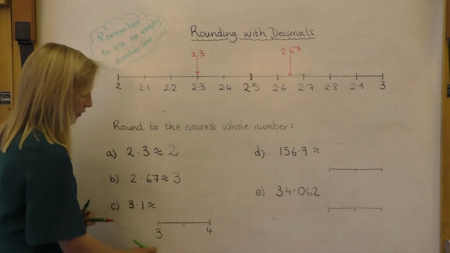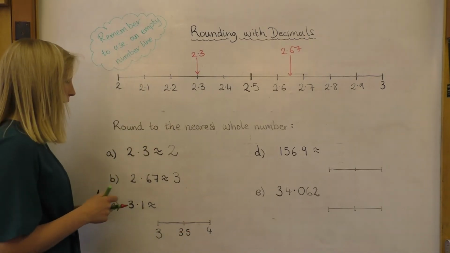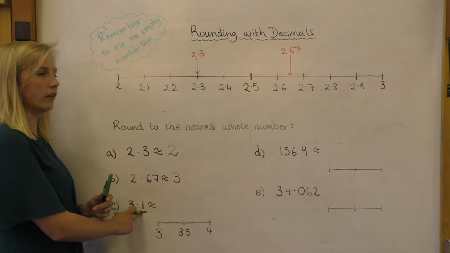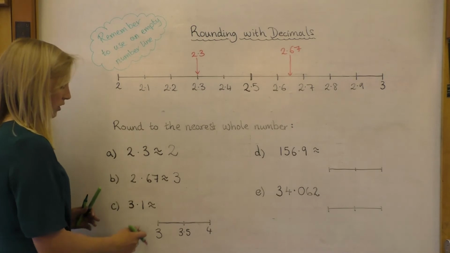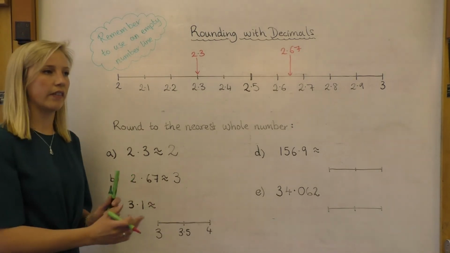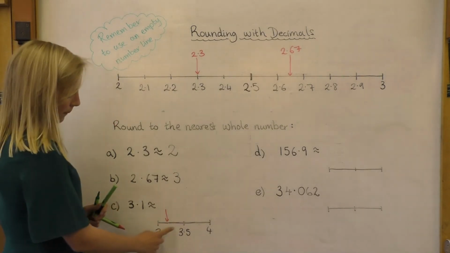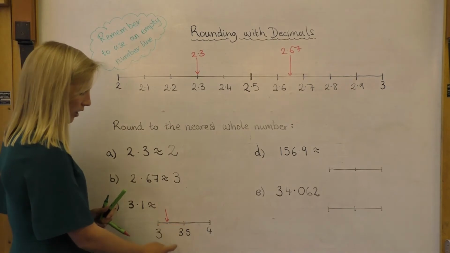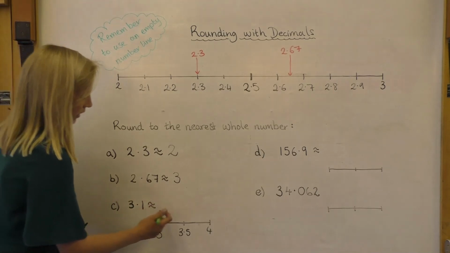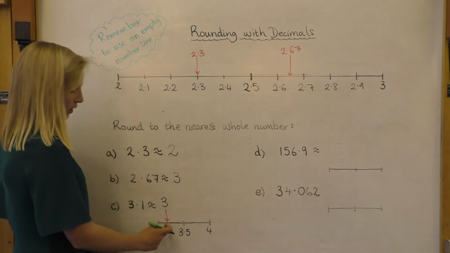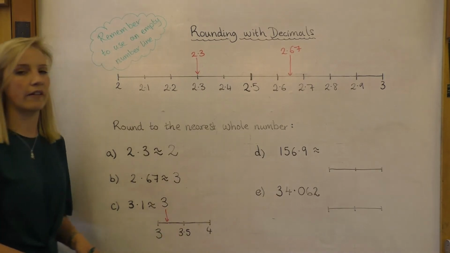Smack bang in the middle of 3 and 4 is our 3.5. So when I'm looking at placing 3.1, with reference to this, I know that 0.1 is quite close to the start, or the first tenth in that section, so it's going to lie somewhere like there. It's lying in our bottom half, which means that it's closer to our whole number of 3. So 3.1 is approximately 3, because there's less of a gap to travel to the whole number of 3 than there is to travel to the whole number of 4.